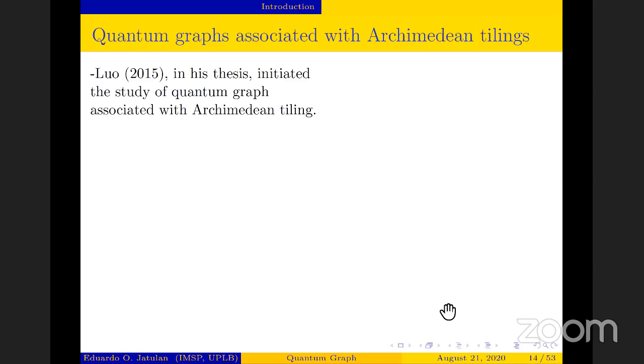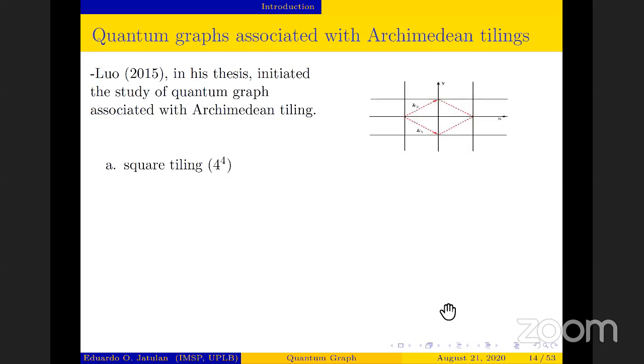Okay. Now we're going to look at the quantum graphs associated with Archimedean tilings. What are the motivations for studying these quantum graphs? The first is that Luo, in his thesis, attempted to study this, but he only derived 2 of them out of 11, starting with the square tiling.